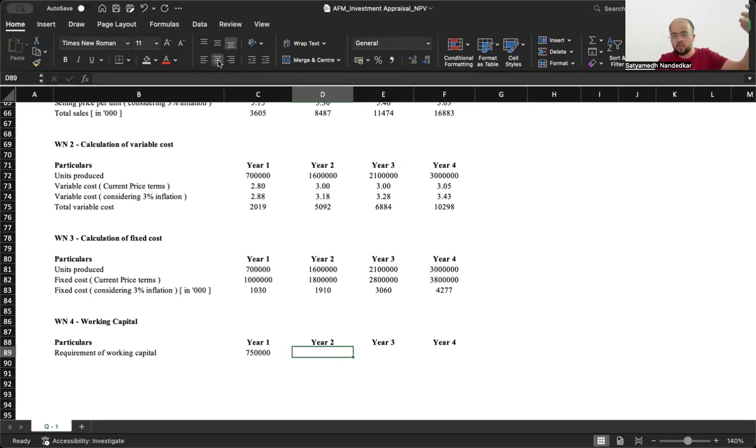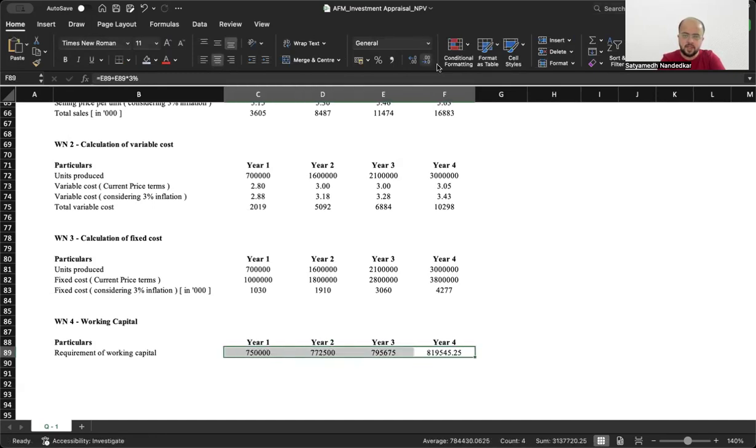This requirement will grow by 3% each year in line with the inflation rates. So, this plus this into 3%. Okay, this is your level of inflation. This is the requirement of working capital.